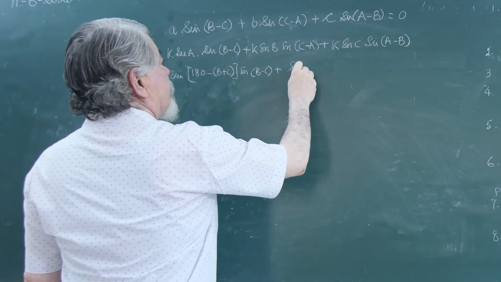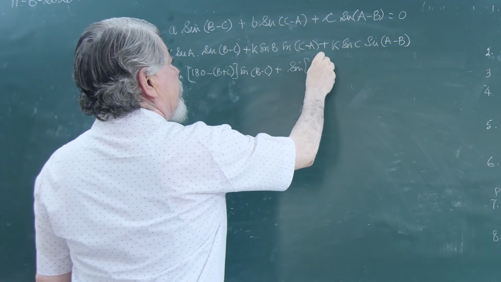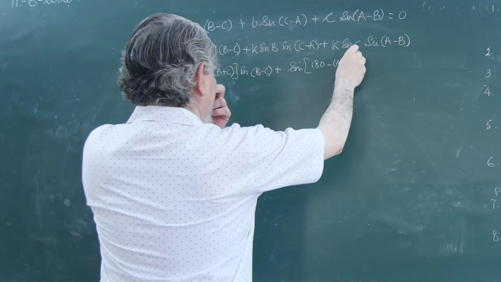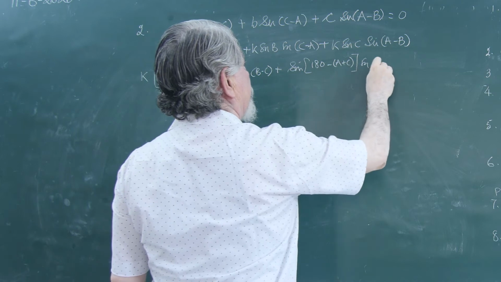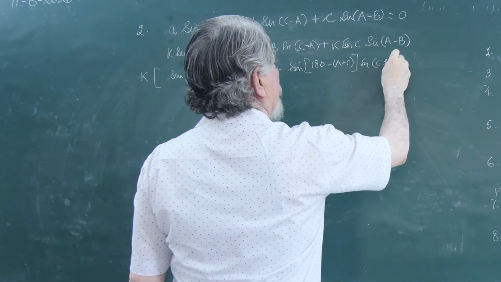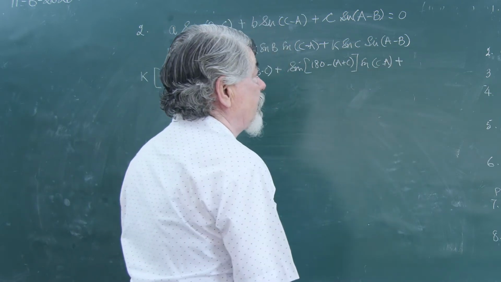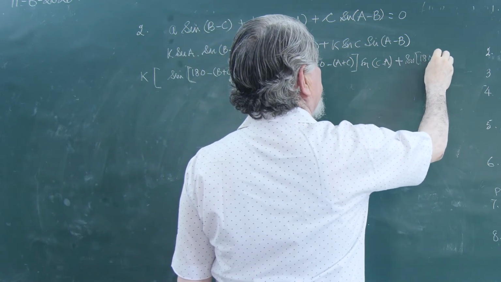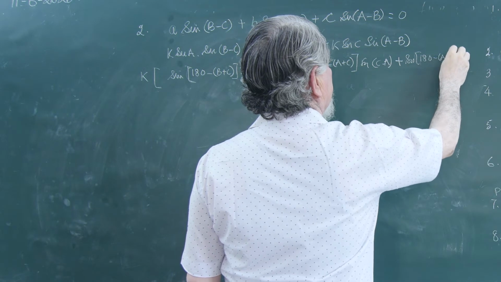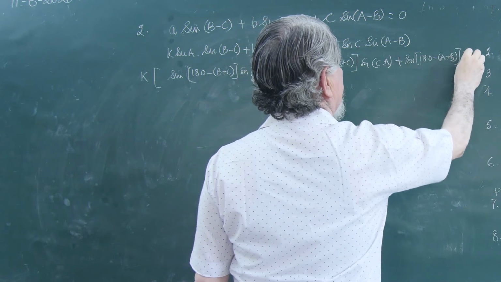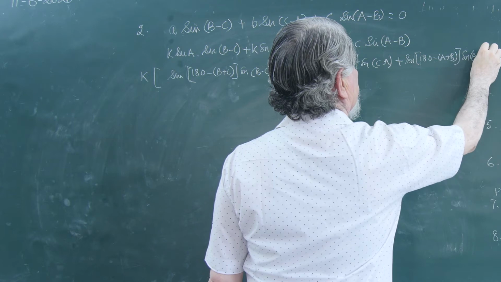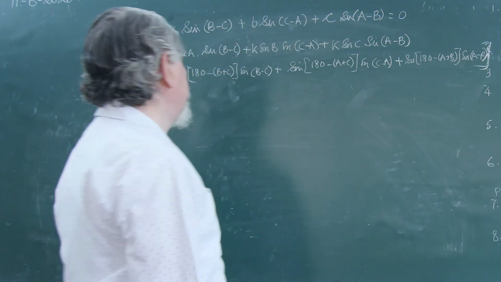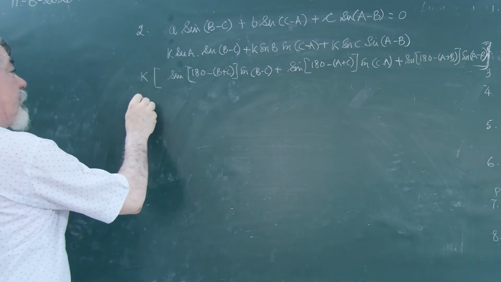Sine b can be written as sine(180 minus (a plus c)) or (c plus a), and sine(c minus a), plus sine c can be written as sine(180 minus (a plus b)), and it is sine(a minus b). It's a complete bracket. Now k is outside.